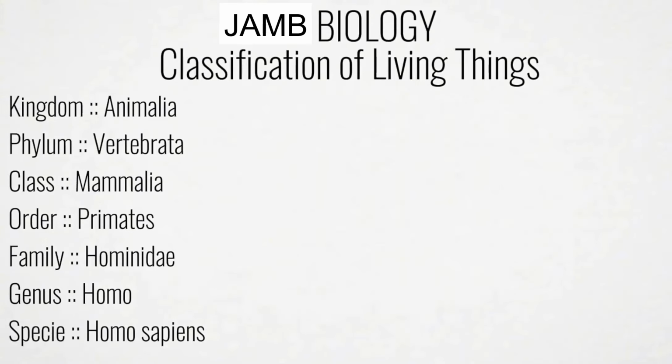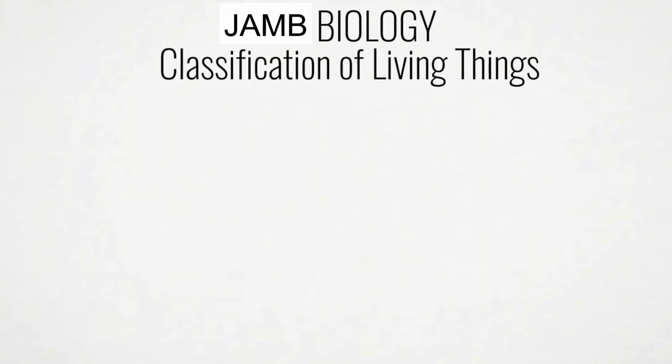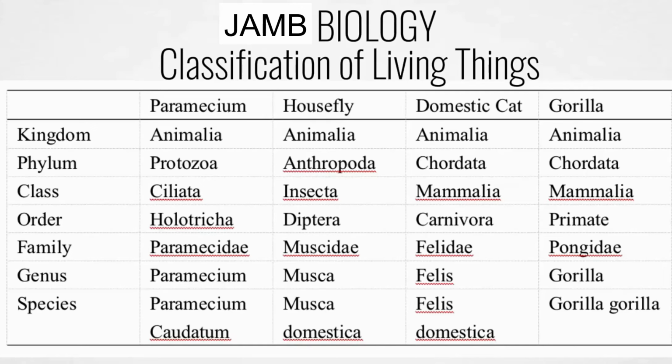They have the largest and highly developed brain, and they possess 2 legs for upright walking. So let us also consider the classification of organisms like the paramecium, the housefly, the domestic cat, the gorilla.